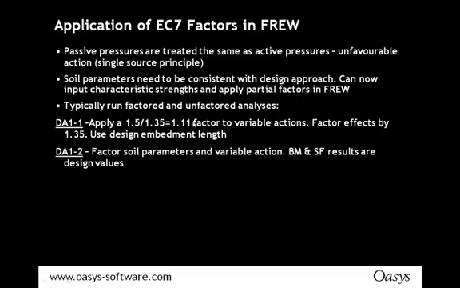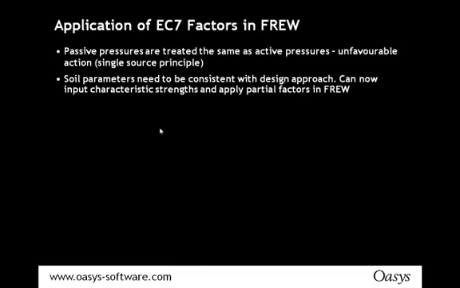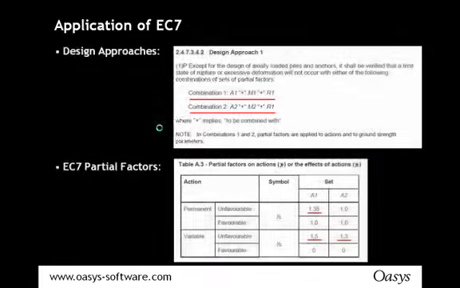The 1.11 really comes from a division of 1.5 over 1.35, which is a combination of the 1.35 and 1.5 from A1, which is combination 1. As you can see, it's a combination of the unfavorable permanent and variable action factors. So that's where the 1.11 comes from. And then afterwards, once you've got your outputs, you would multiply your load effects by 1.35.